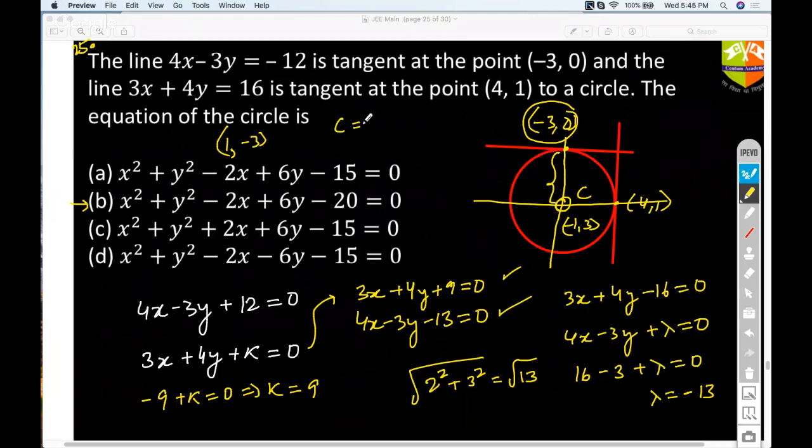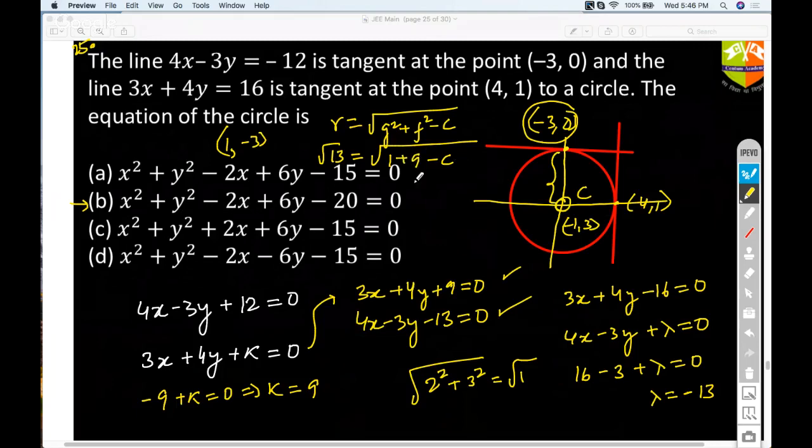So R is going to be under root of G square plus F square minus C. So root of 13 is going to be root of G square, that's 1 square plus 9 minus C. So it's very obvious that C is going to be, no, everything is fine. Minus C is going to be this.